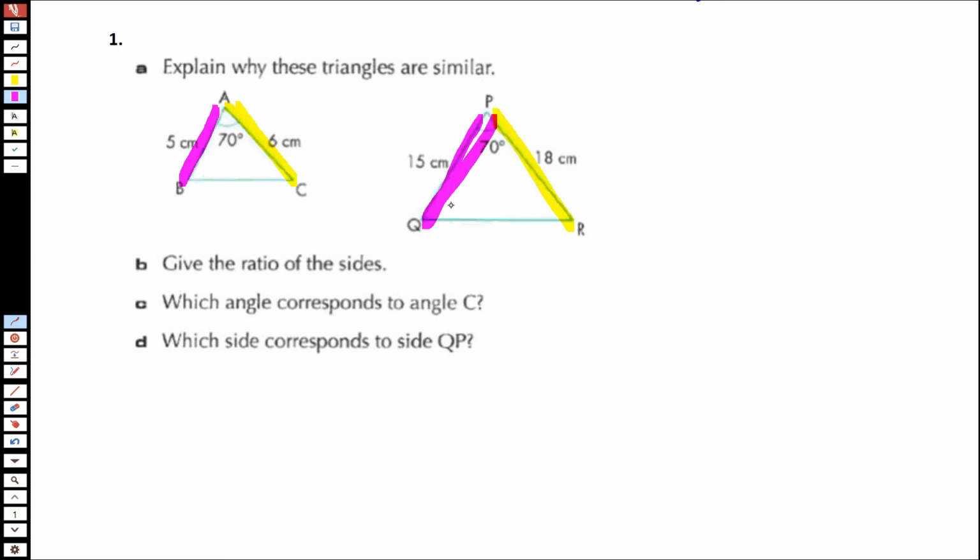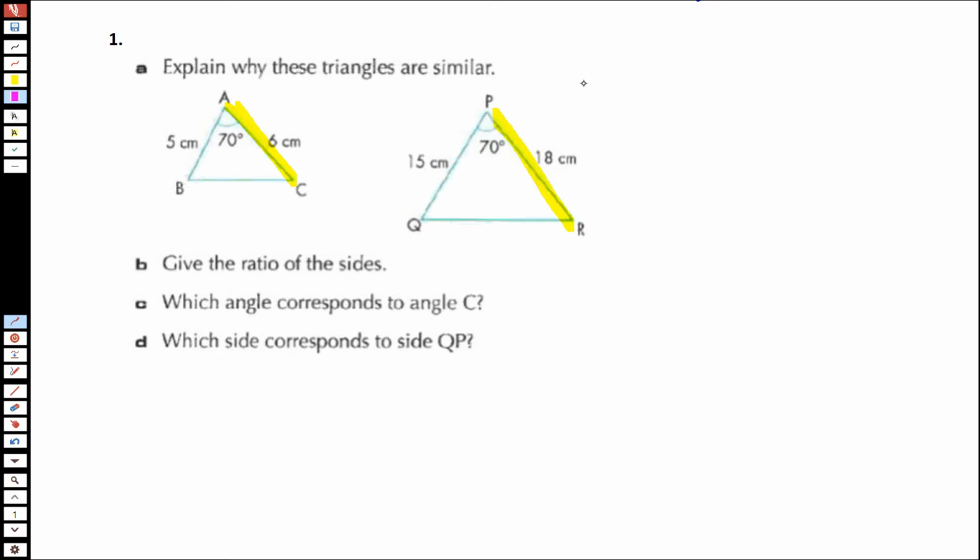The question is, explain why they are similar. So we know that for triangles to be similar, they have to have the same linear scale factor. And how do we find the same linear scale factor? By looking at the ratio of the corresponding sides.